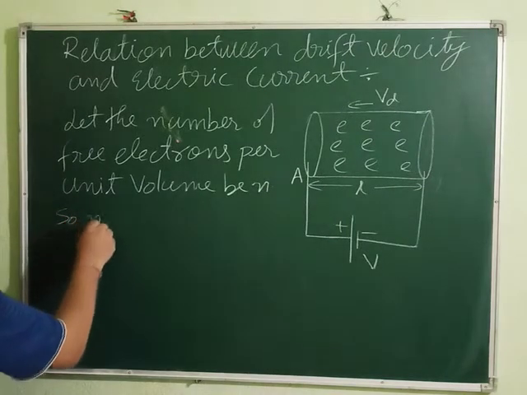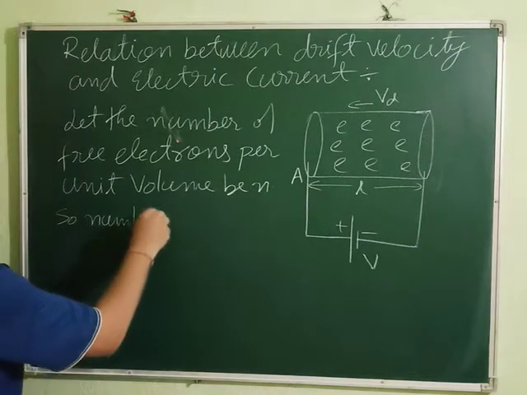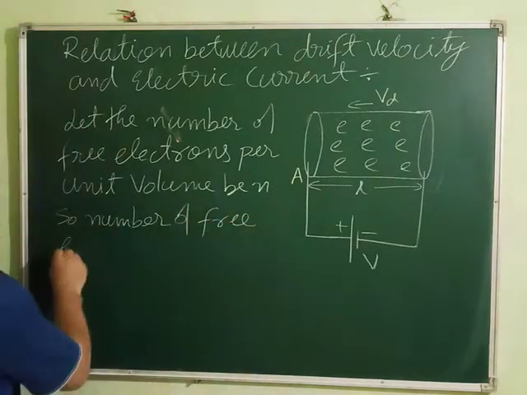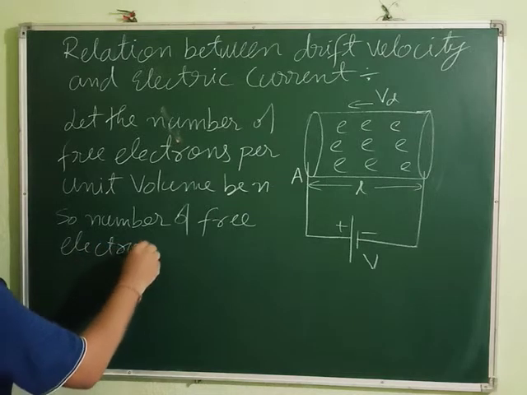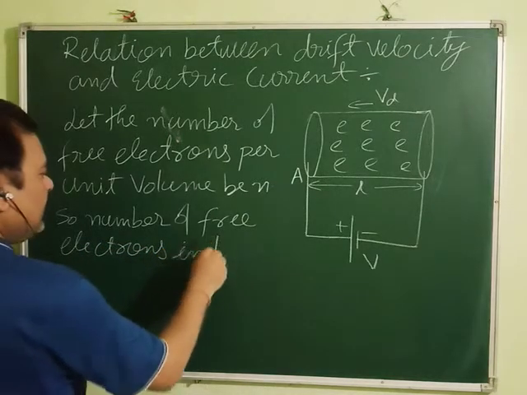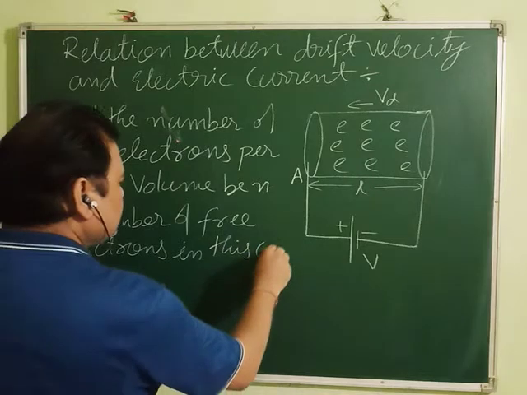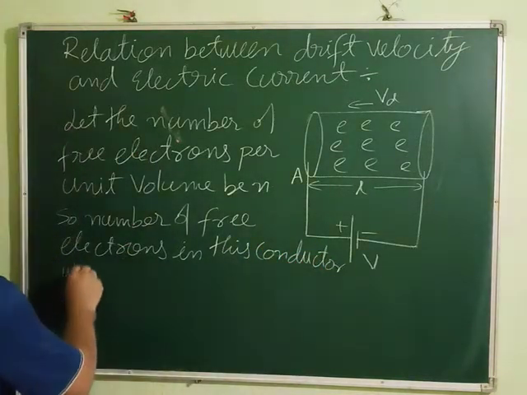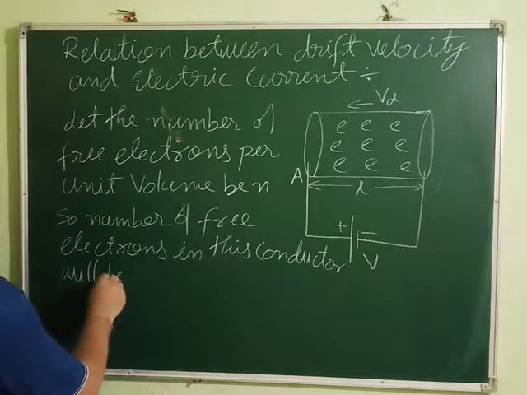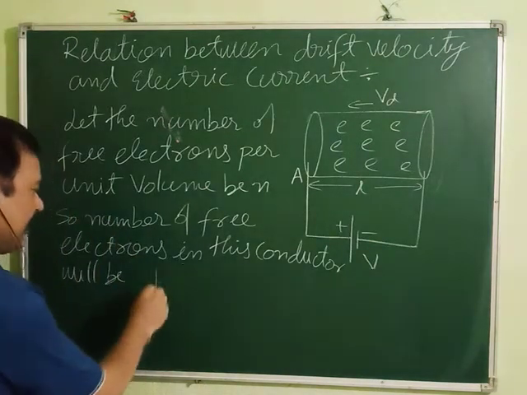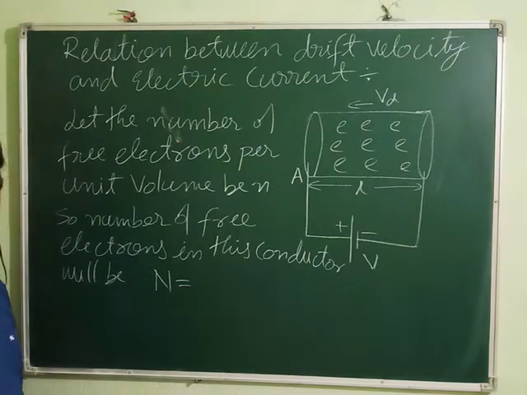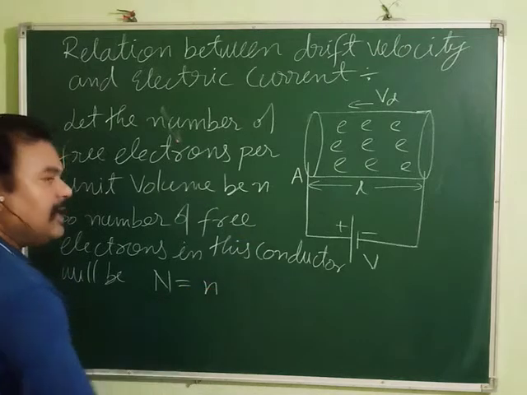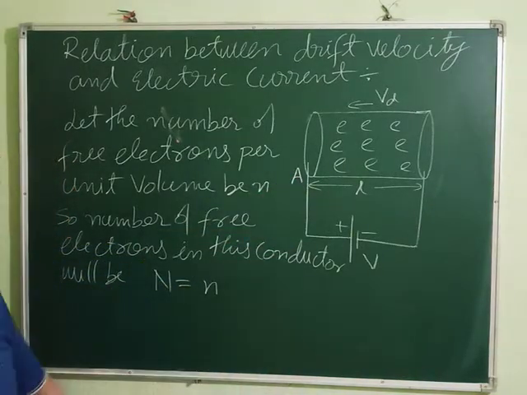Now tell me what will be the number of free electrons in this conductor. Let it be N, and that will be, obviously, the number of electrons per unit volume, small n, into the total volume of the conductor.